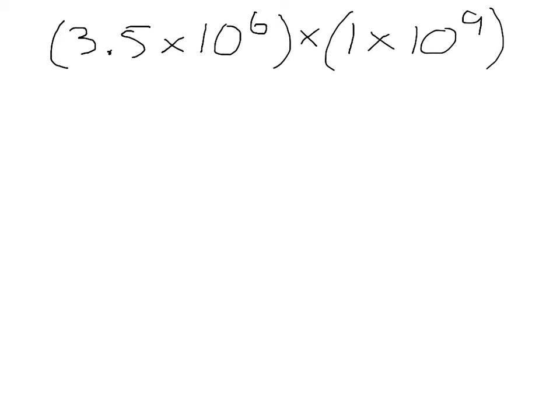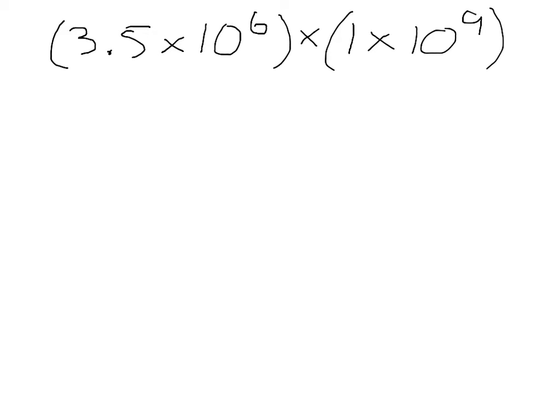This is just a simple problem talking about, what if I had 3.5 times 10 to the 6 ants per acre in the Amazon rainforest, and the Amazon rainforest covers approximately 1 billion acres. Find the total number of ants.